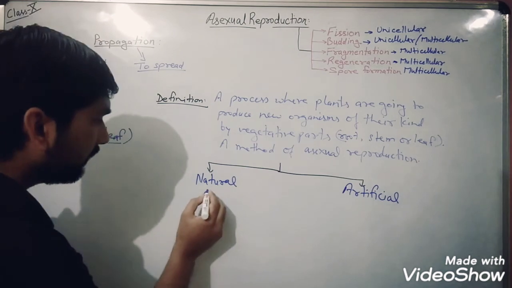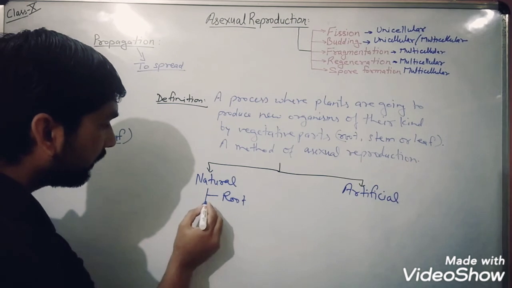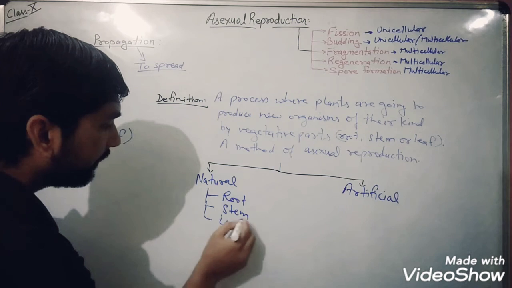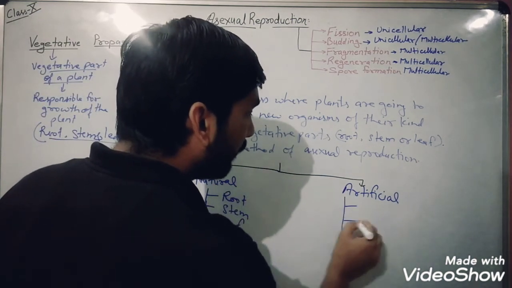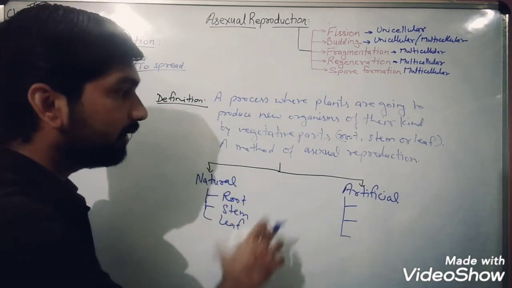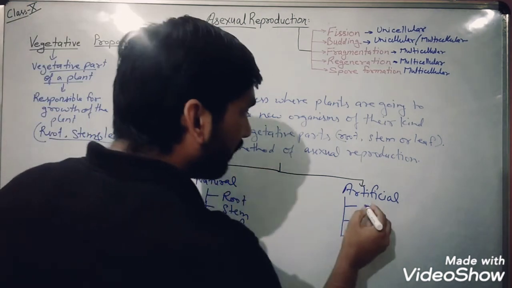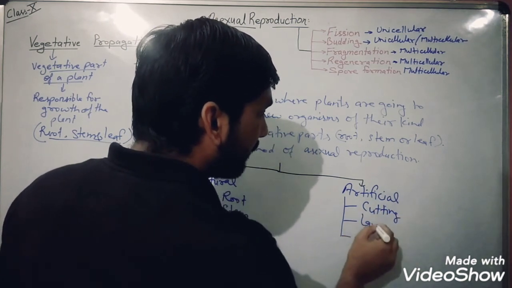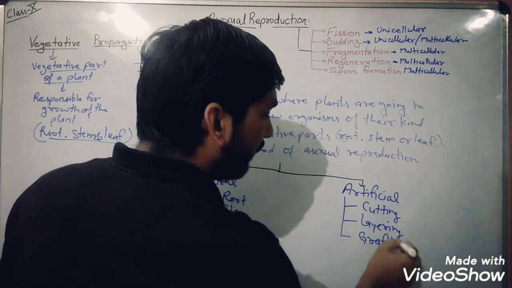Naturally, the plants grow new individuals by root, stem and leaf. And when we talk about the artificial, we human beings create some modified change so that the plants can provide new organisms. These are the methods: the cutting method, layering, and the last one is what? Grafting.